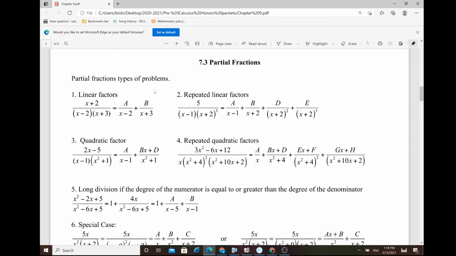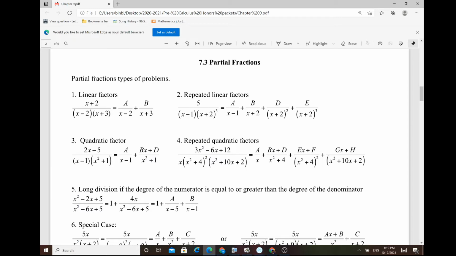What happens in case 2, the repeated linear factor? We have 5 over the quantity x minus 1 times the quantity x plus 2 to the power of 3. For the first factor, it's just A over x minus 1, because that's just a linear binomial, and on top it's just a constant.